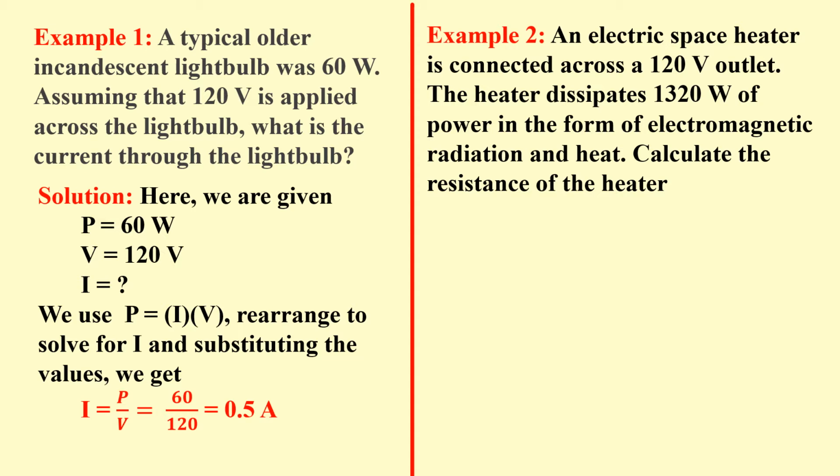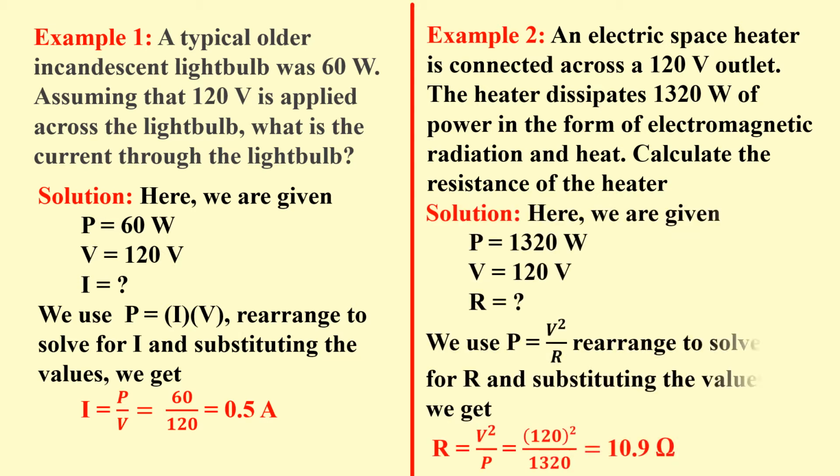Example number 2. An electric space heater is connected across a 120 volt outlet. The heater dissipates 1,320 watts of power in the form of electromagnetic radiation and heat. Calculate the resistance of the heater. Solution. We are given the power which is 1320 watts.